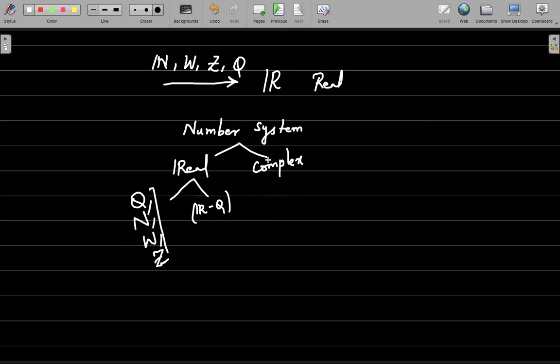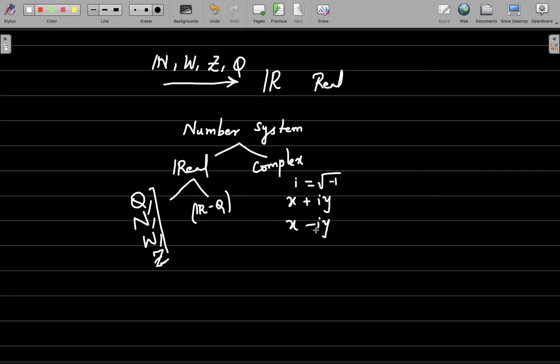Now, what are complex numbers? Complex numbers are those numbers which deal with an imaginary number. An imaginary number is represented by i, which is the square root of -1. Such numbers are usually represented as x plus iy, x minus iy, and so on.